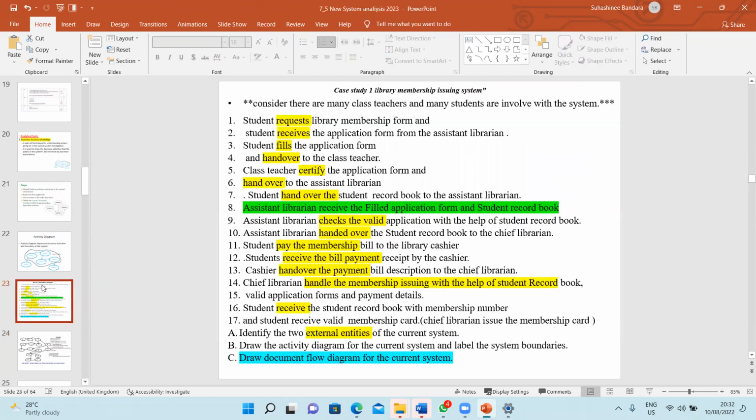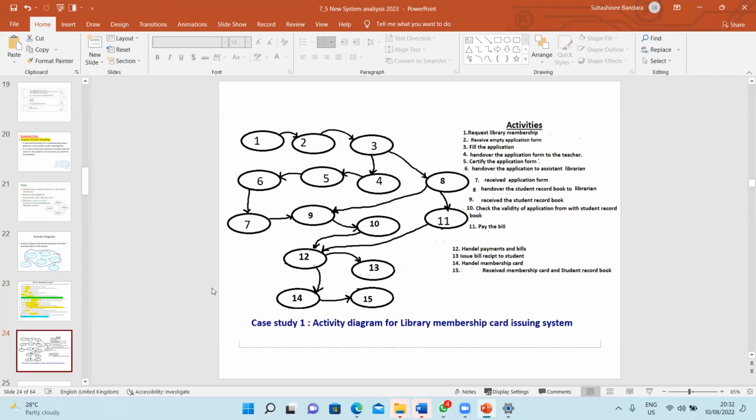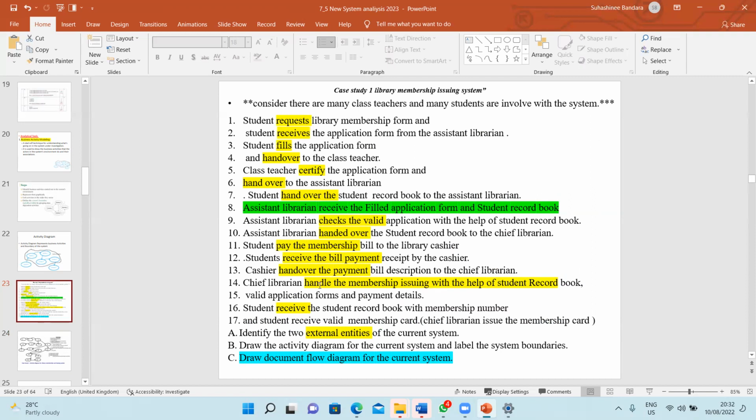Then 13. Cashier hand over the bill payment receipt to the chief librarian. Then chief librarian handle the membership issue with the help of student record book, valid application form, and payment details.